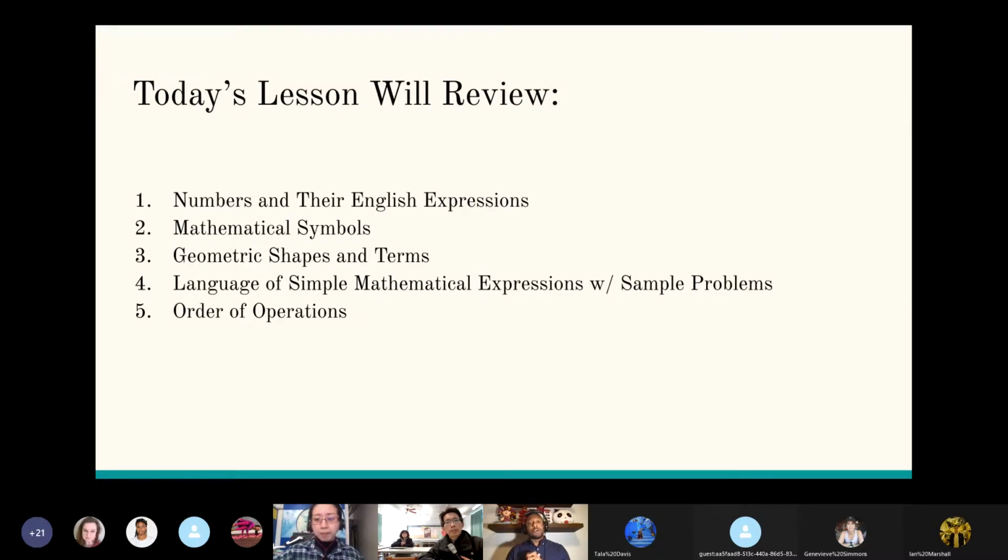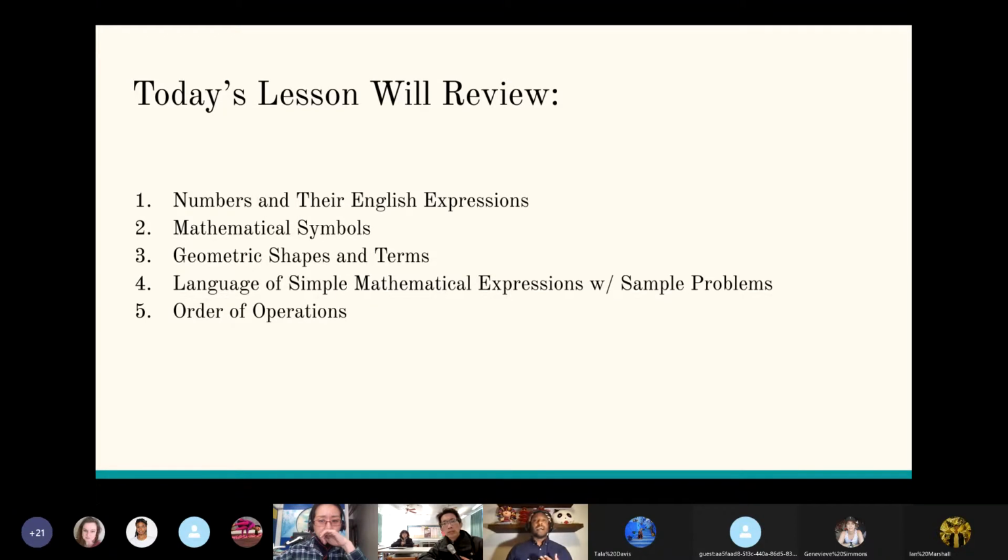Next, mathematical symbols, just to learn what those are called in English. Then we'll do a quick review of geometric shapes and some terms that go along with geometry, trigonometry, those types of more advanced mathematics. And then we'll learn the language of simple mathematic expressions.